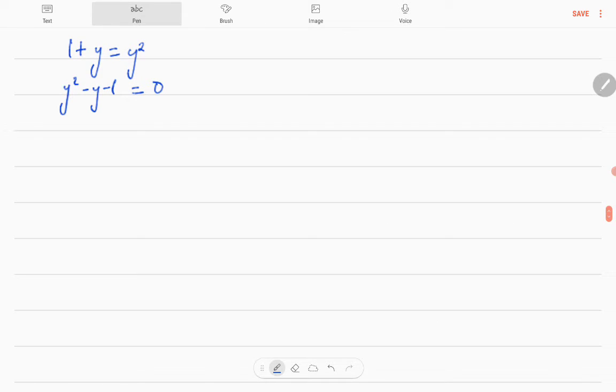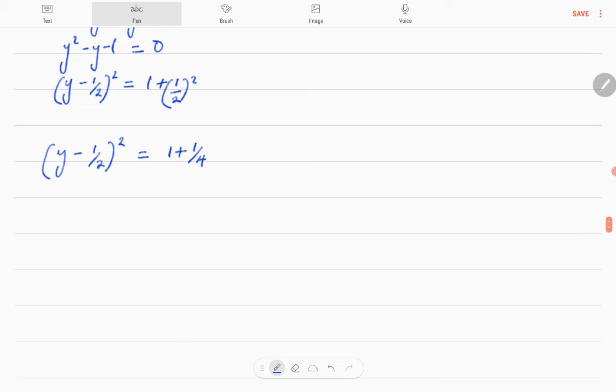Now, using the completing the square method of finding the variable y, I'll have y minus half squared is equals to 1 plus 1 over 2 squared, which will give me y minus half squared is equals to 1 plus 1 divided by 4.